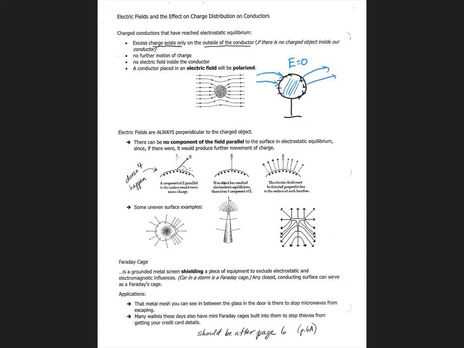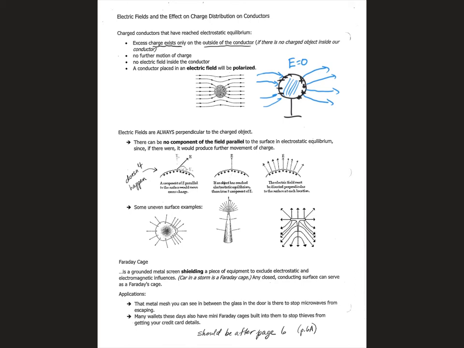It will go inward toward the negative side and outward away from the positive side. My drawing is not perfect. We've got negatives on the left, quick reminder, and we've got positives on the right. So that's what happens when conductors, such as a metal object, are put into an electric field.